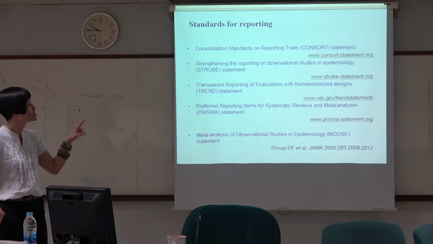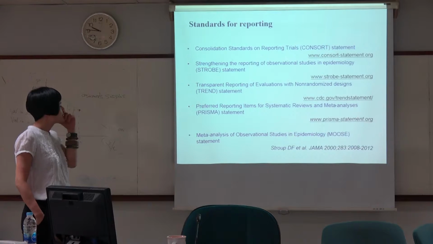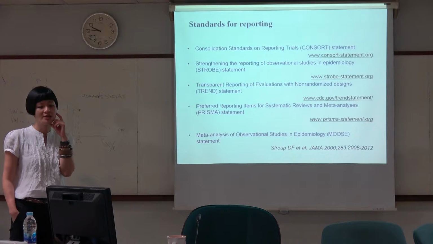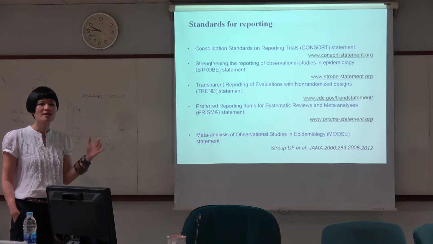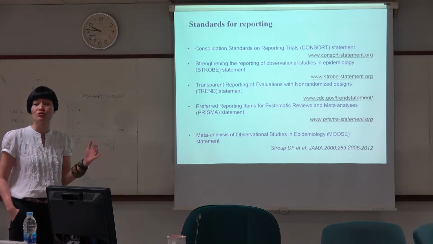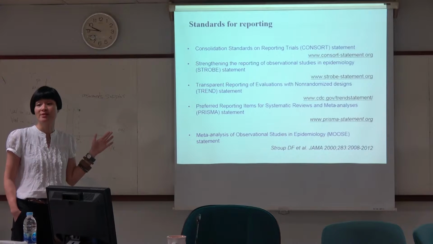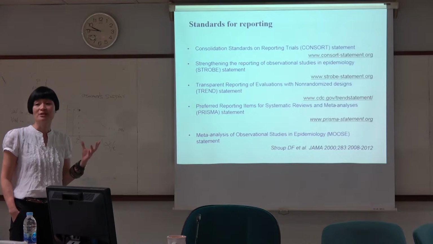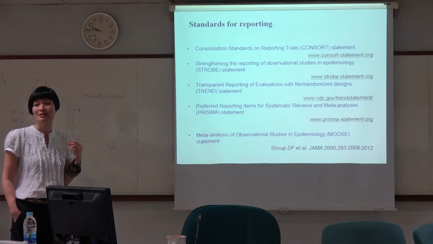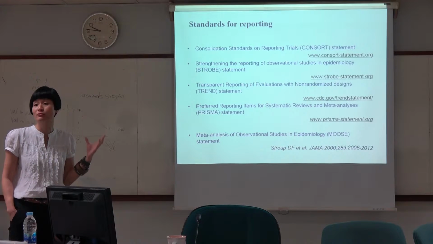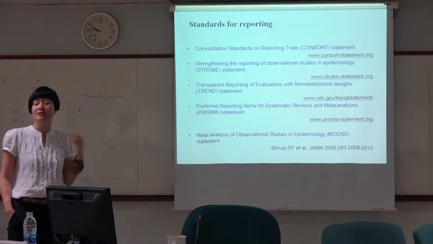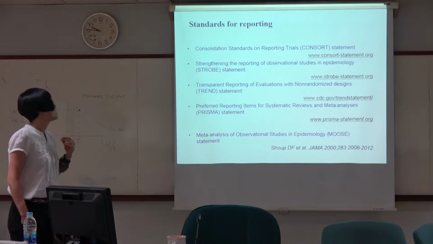And you have to remember this statement was written in the early to mid-90s. So sometimes when you're reviewing a randomized controlled trial from before the CONSORT statement was set up, naturally it would be of poorer quality, purely based on the reporting, because the standards then were not the same.